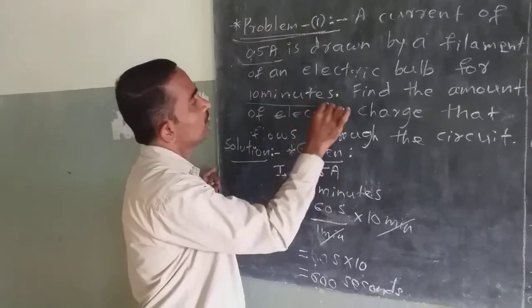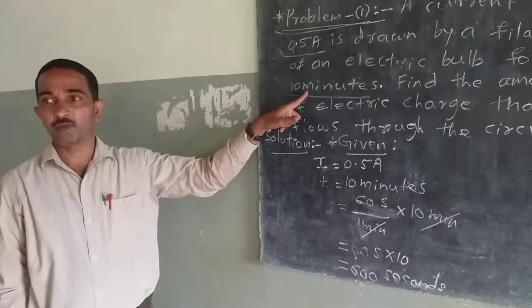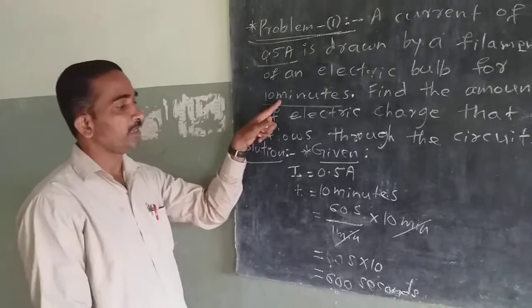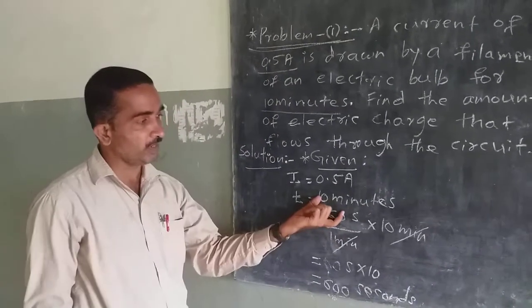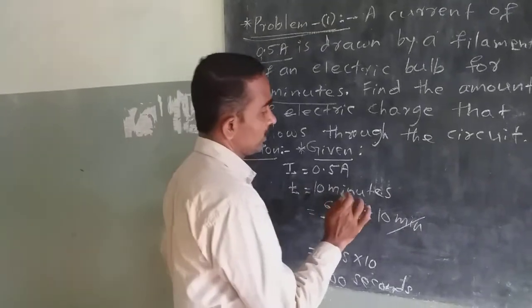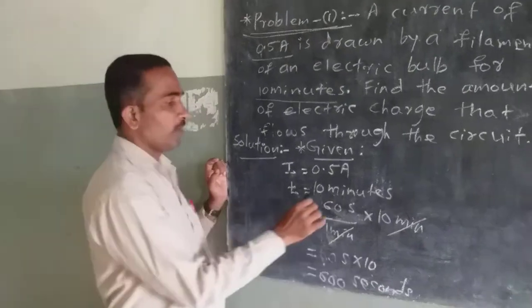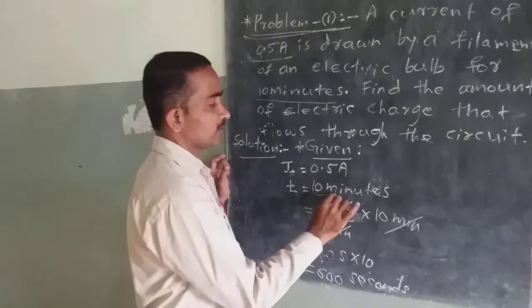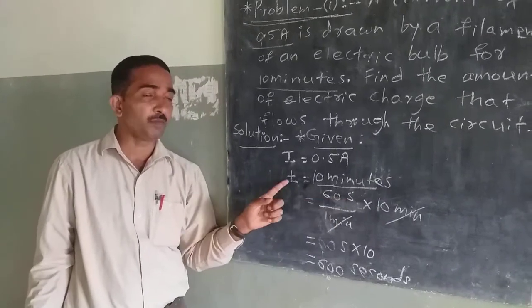Also 10 minutes are given. 10 minutes are given means time t is given. Time t equals 10 minutes, but minutes are not the SI unit of time. We have to convert 10 minutes to seconds because second is the SI unit of time t.